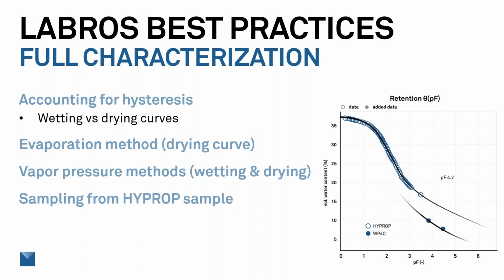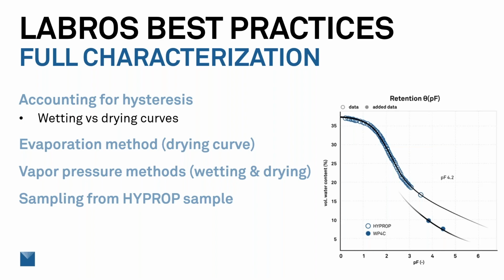Due to hysteresis, we actually get a gap between the two. It's important to understand that with the HyProp, the evaporation method, you're measuring on a drying curve, and that's the only way you can make that measurement. With vapor pressure methods like the WP4C, you can measure on a wetting and a drying curve. So it's really up to you how you want to prepare those samples and how you want to bring those data together.